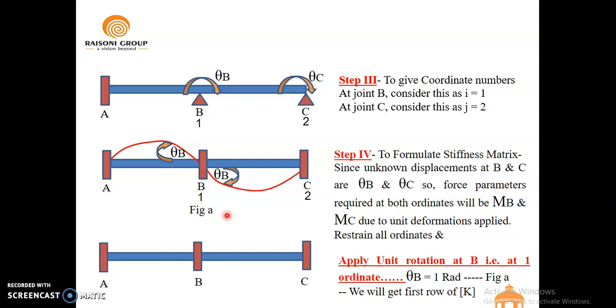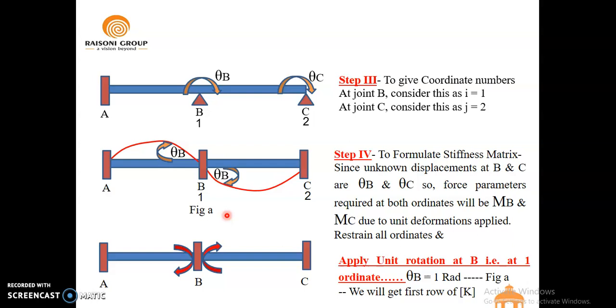Whenever there is a rotation at one of the joints in the beam, that joint where the rotation occurs will have a moment of value 4EI theta upon L, and the other end of the same beam will have a moment equal to 2EI upon L. Since there is a clockwise rotation, the moments developed are always in the direction of the rotation.